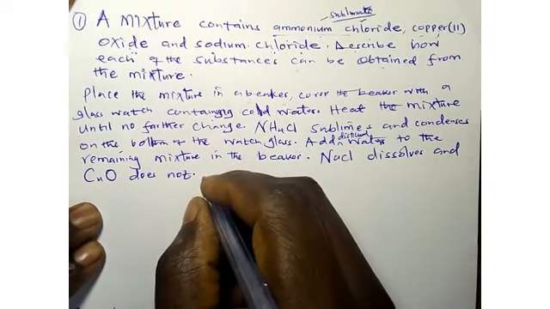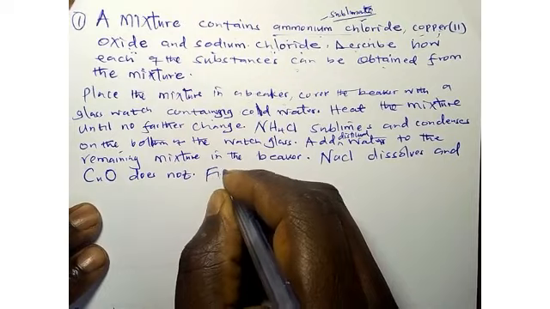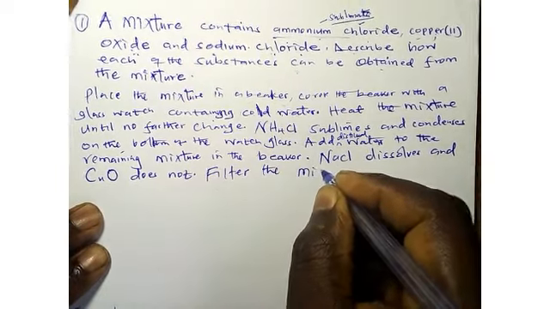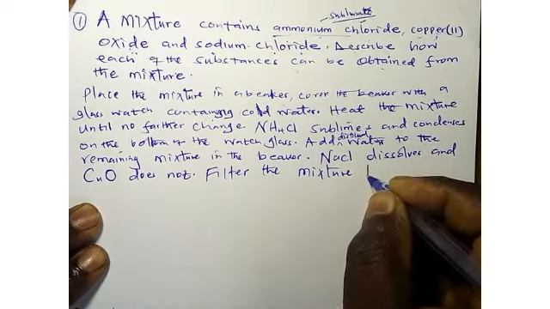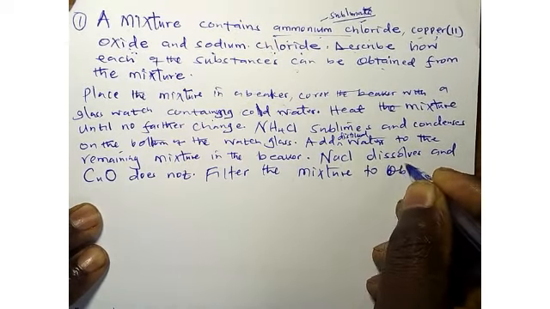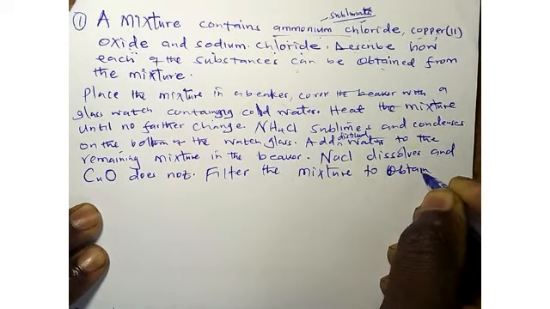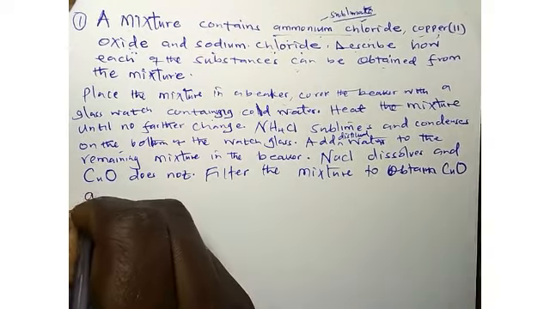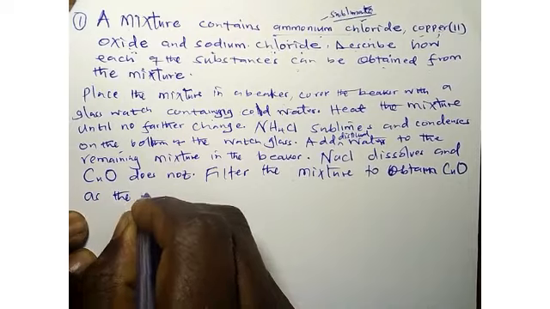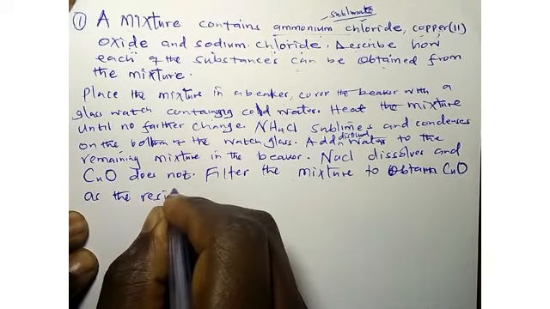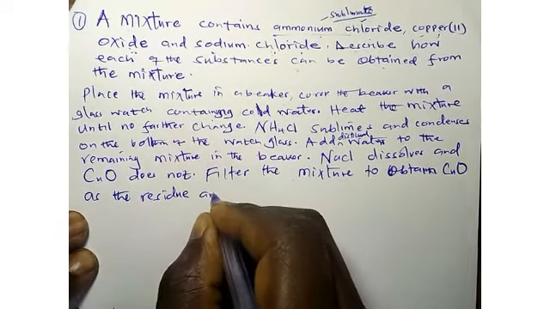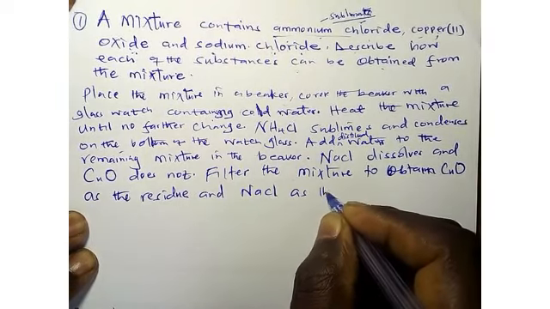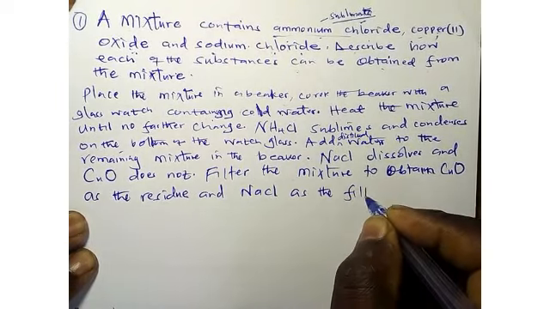Then the next thing we do is filtration. So filter the mixture to obtain CuO, copper(II) oxide, as the residue and sodium chloride as the filtrate.